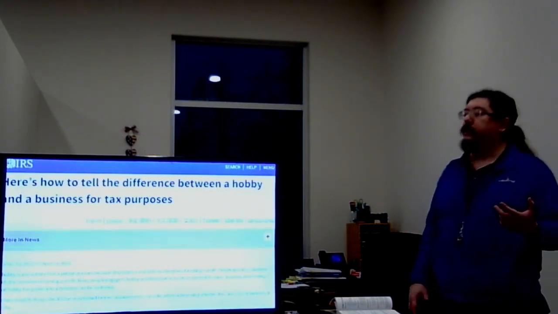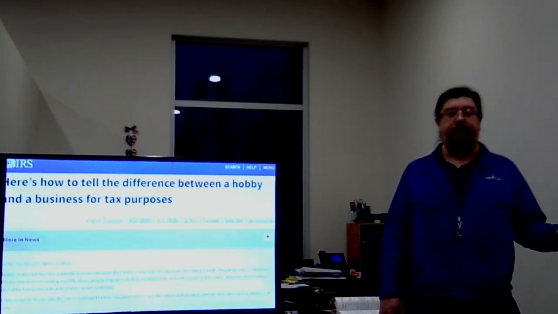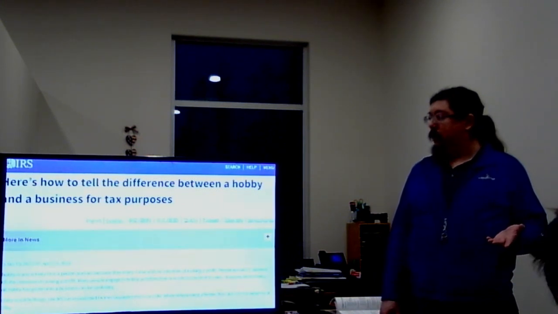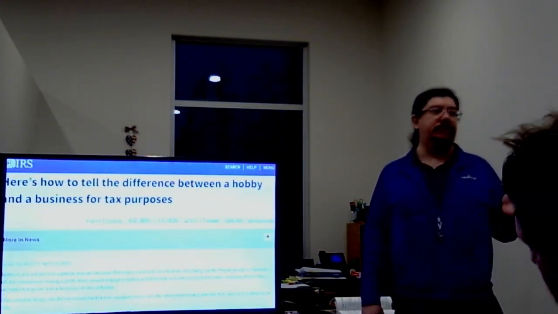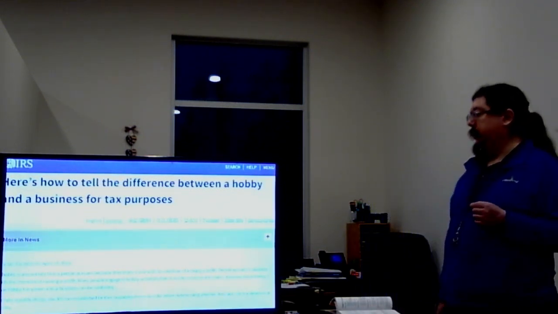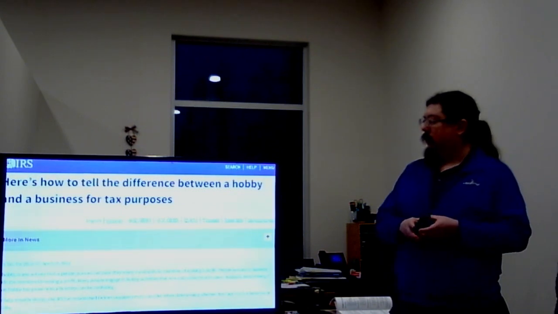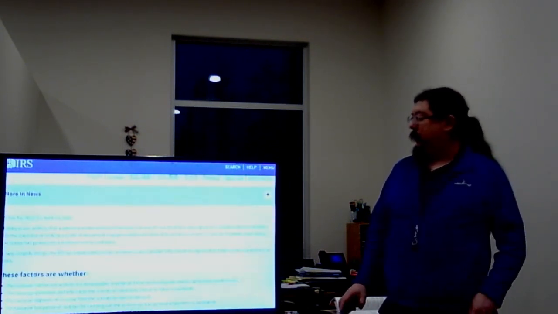A business, you get a full deduction for all of your expenses, but you have to pay self-employment tax on your net profit. So it's not really a choice, but if you were able to choose, sometimes a business would be better and sometimes a hobby would be better. Hobby income is also not considered earned income for any tax purpose that requires earned income. Okay.